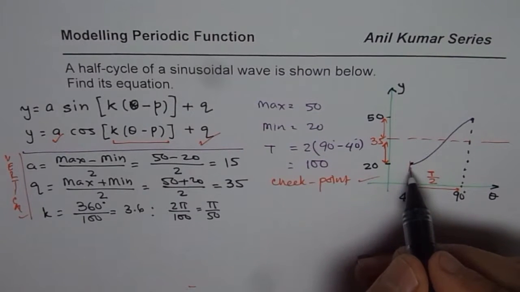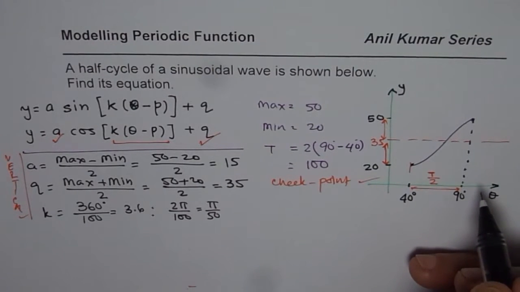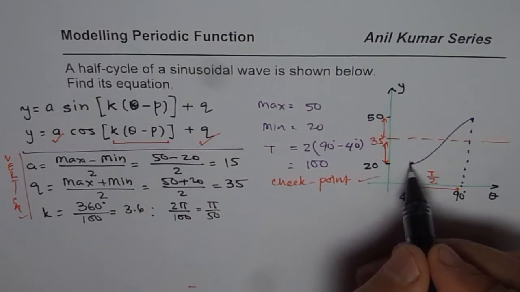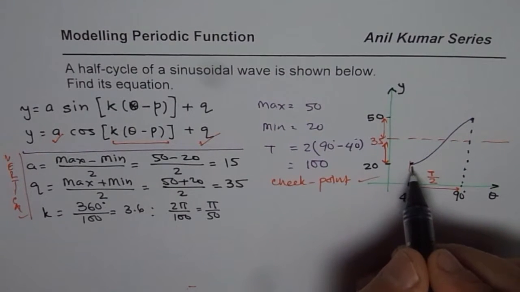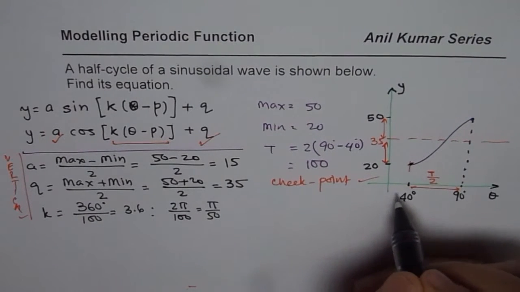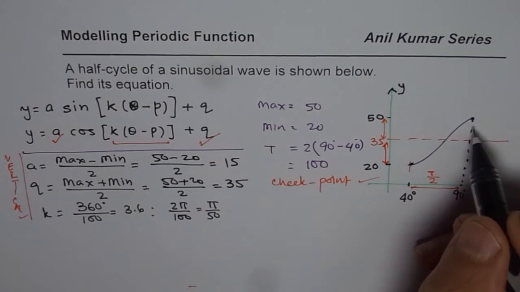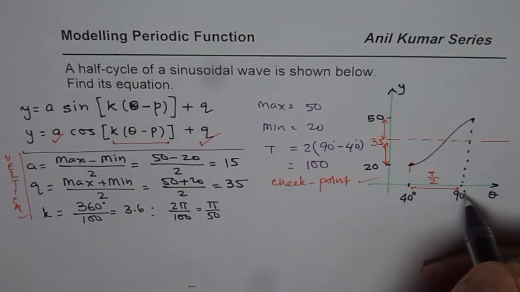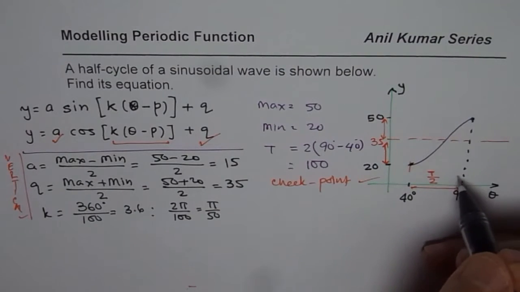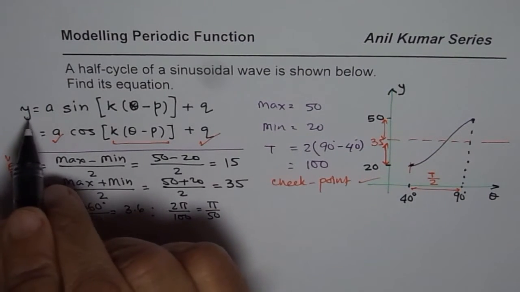If I'm writing the equation as a cosine function, for example, in that case, we are starting from minimum. We can always write this as negative of cos, considering this point. If you consider that point, then we have a phase shift of 90 degrees. Do you understand? So either way, it is good enough. So let us write down now.